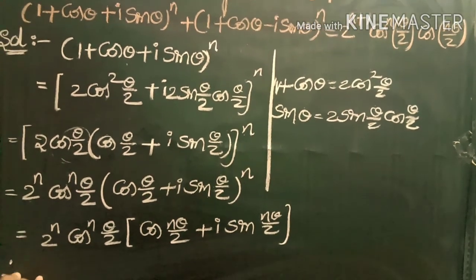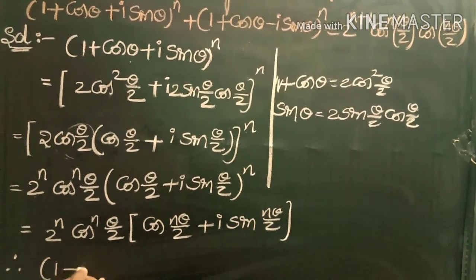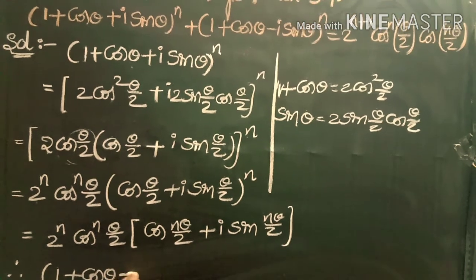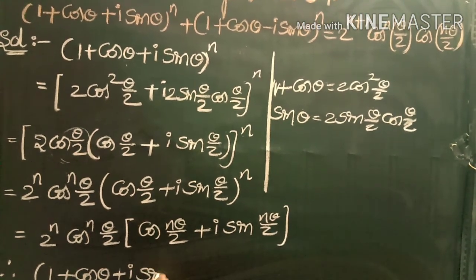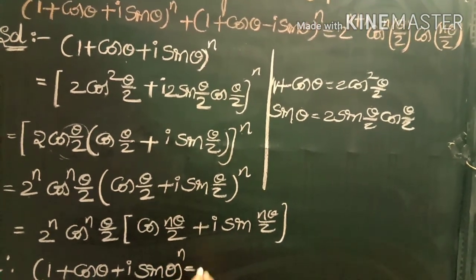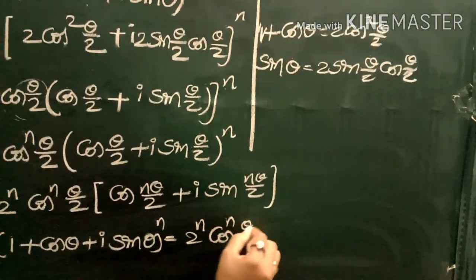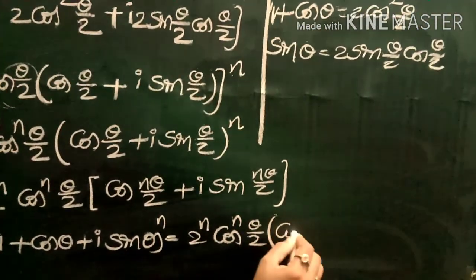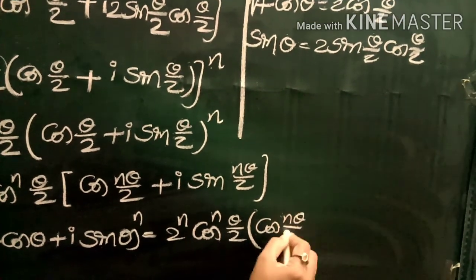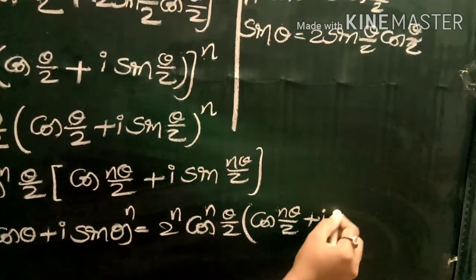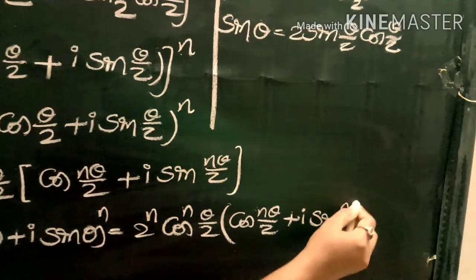Therefore, (1 + cos theta + i sin theta) whole power n is equal to 2 power n into cos power n theta by 2 into (cos n theta by 2 + i sin n theta by 2).